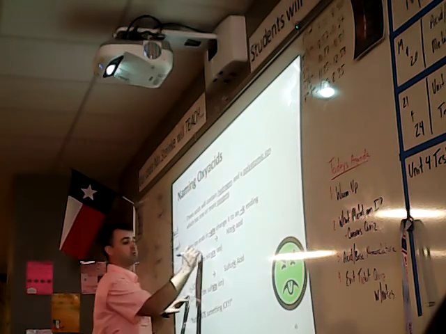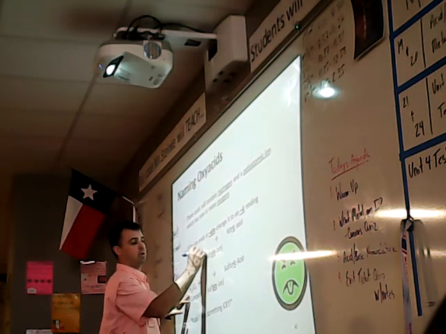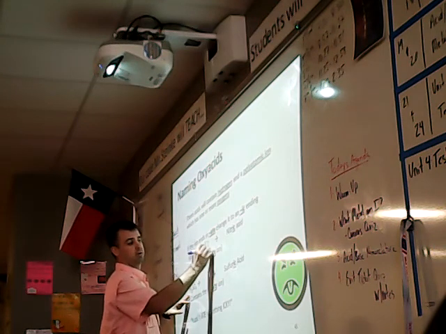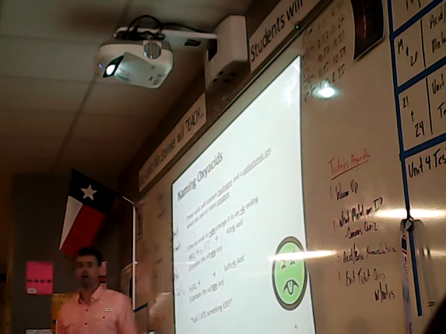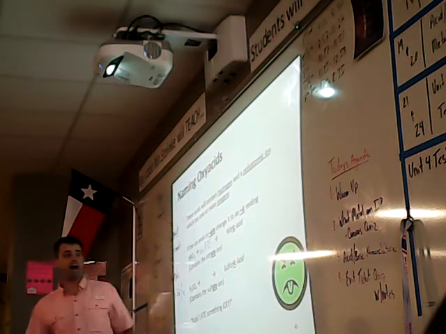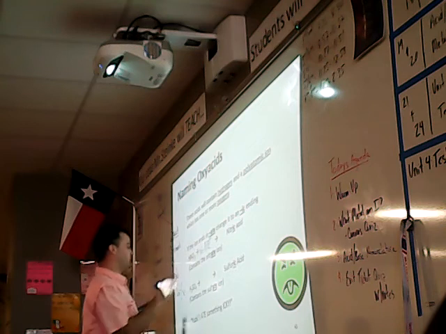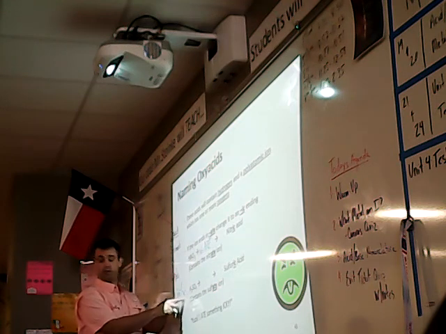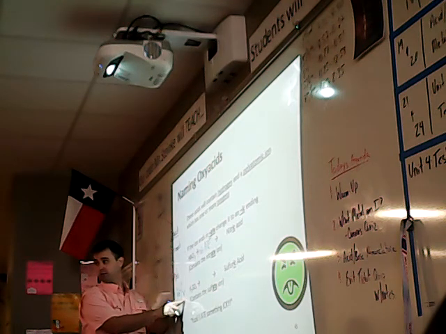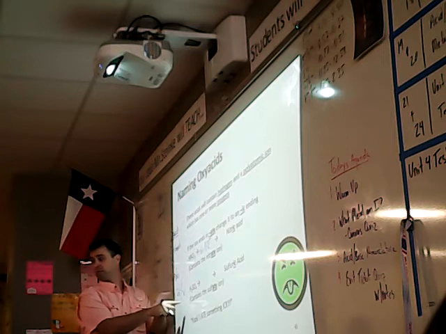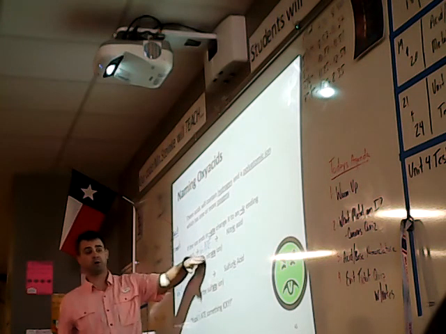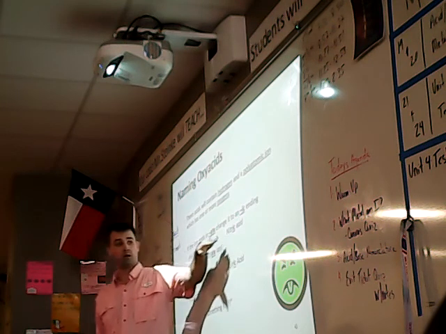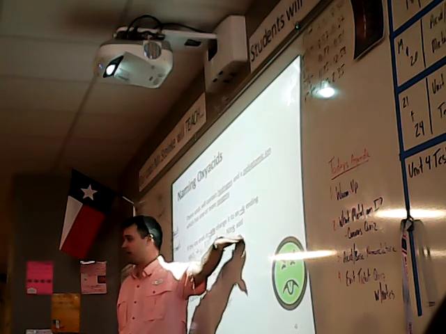NO3 is nitrate. There's a reason why I capitalized all of that, because when I go to name it, I need to get rid of that ate and replace it with ic. Take out the ate, replace it with ic, and so this turns into nitric acid.